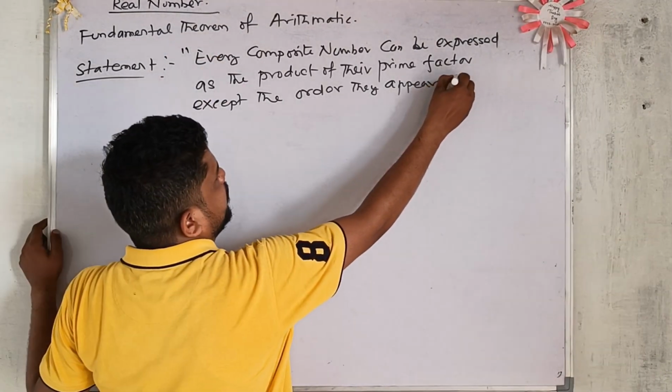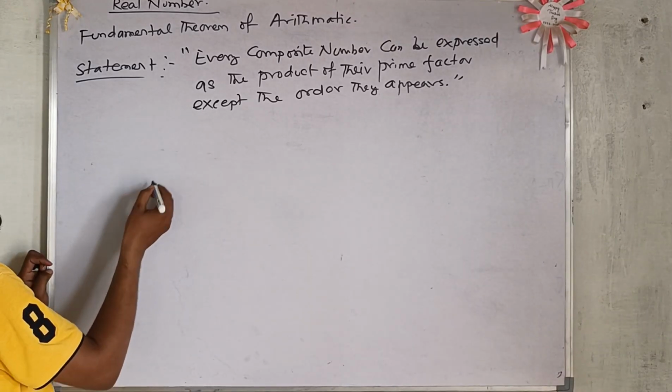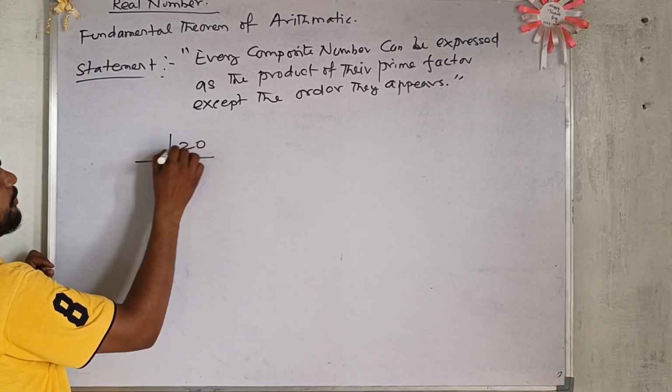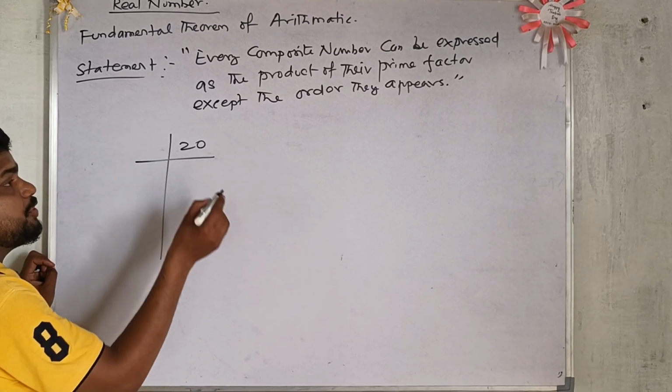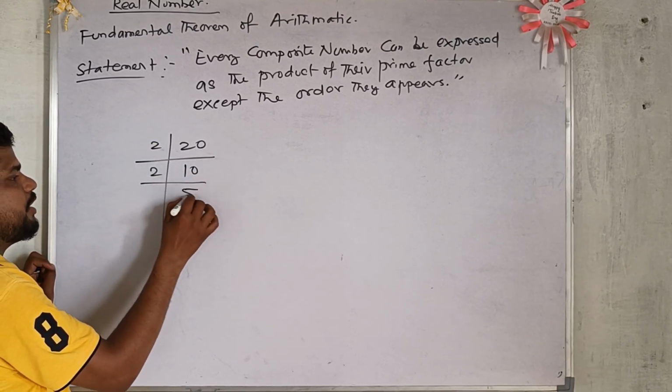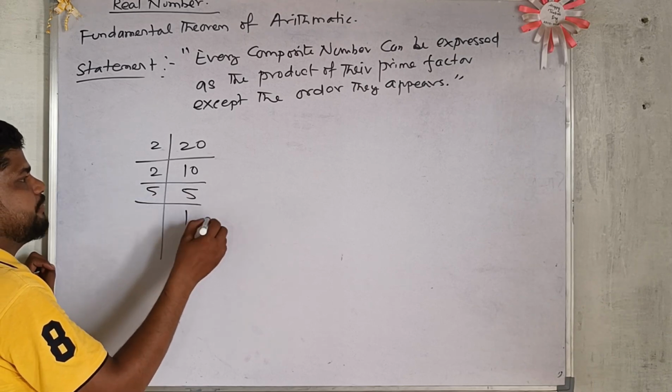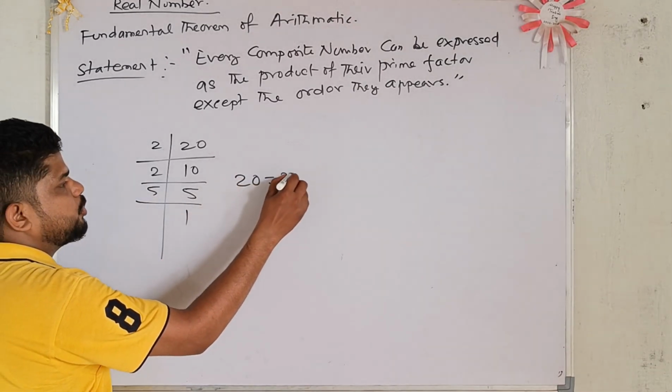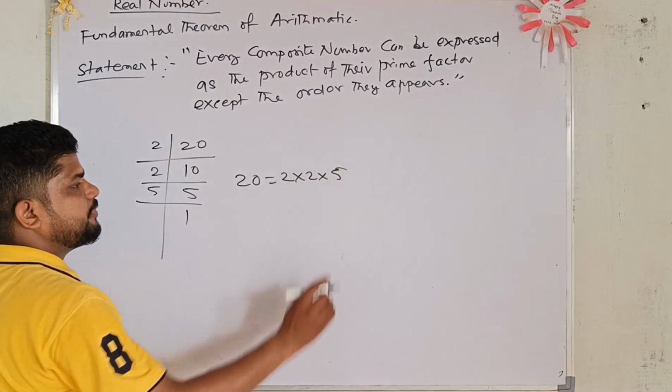every composite number. Okay, suppose the prime factor of 20: the smallest prime number which can divide it is 2, so here 10, again 2, so here 5, again 5, so here 1. So 20 can be written as 2 into 2 into 5.